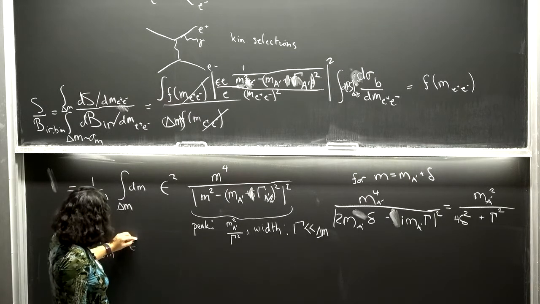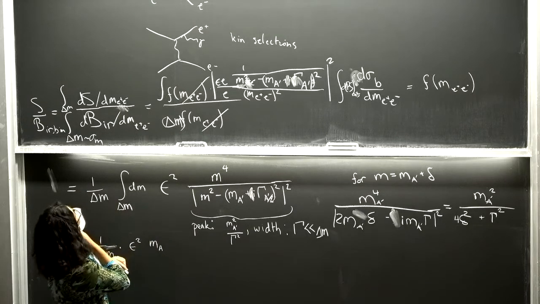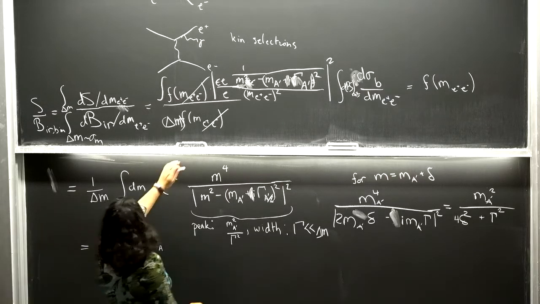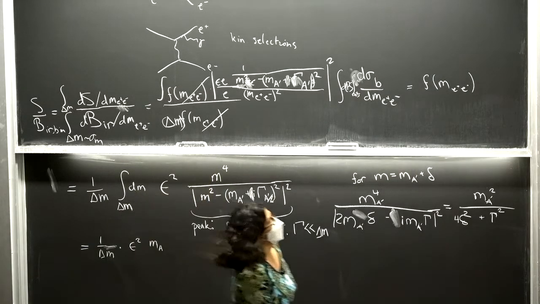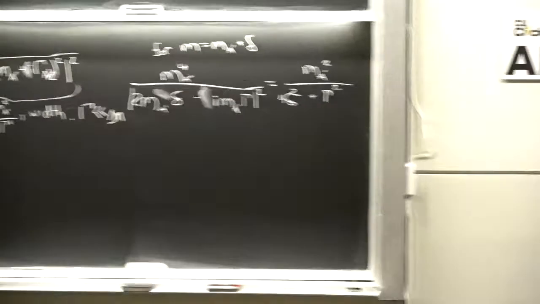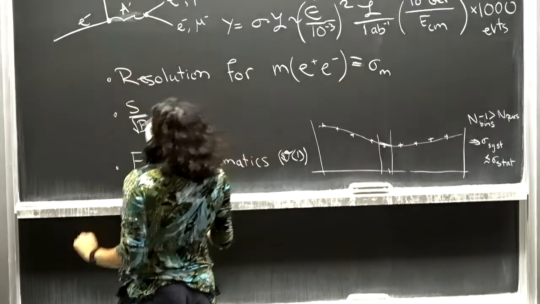times epsilon squared. I'm sorry. Yeah, I made this mistake the first time I did my notes too. Second error. In the signal diagram, there are 2 epsilons. There's an epsilon at this production vertex and at the decay vertex.